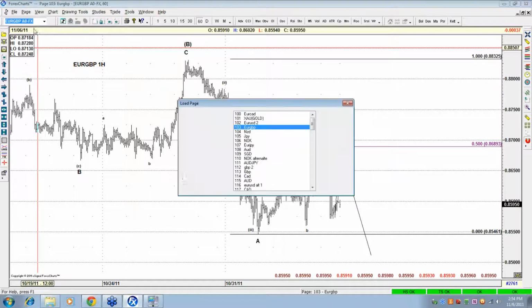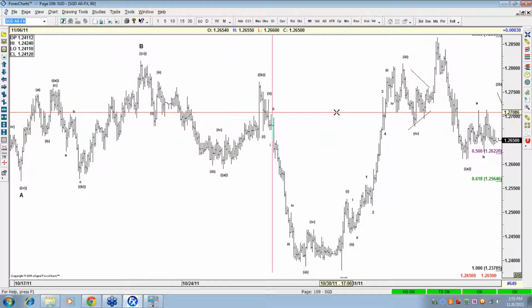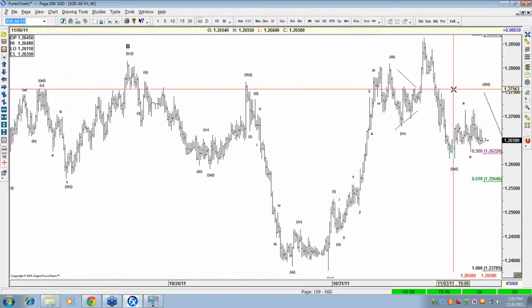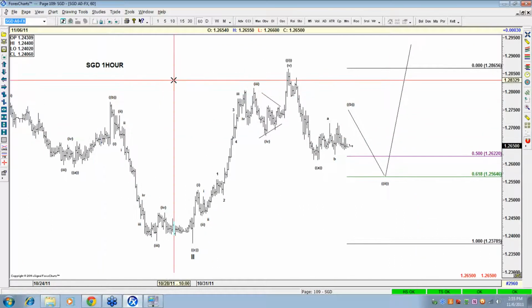The dollar Singapore intraday. Michael, it's more or less the same idea, like I have been saying. I don't know if you use the correlation of the market, right?